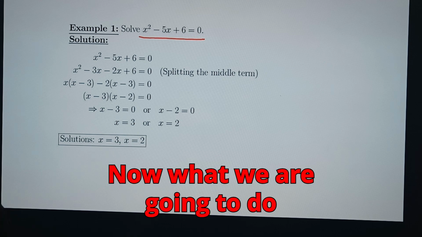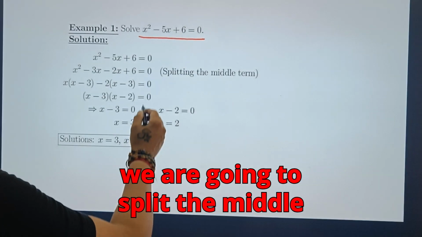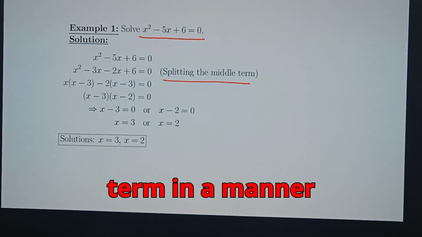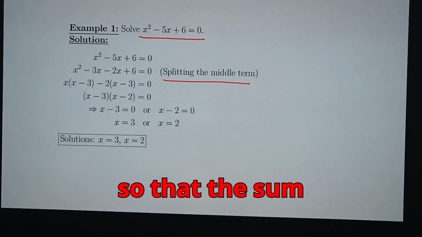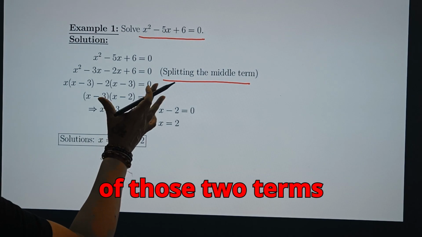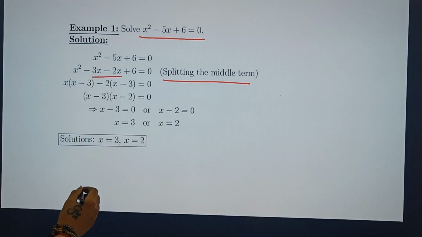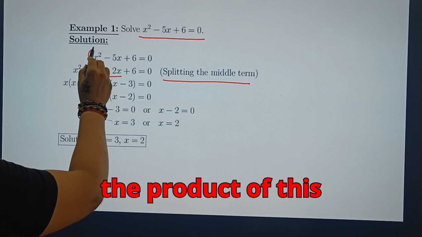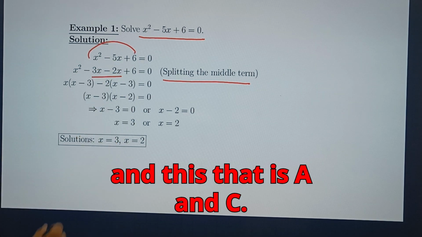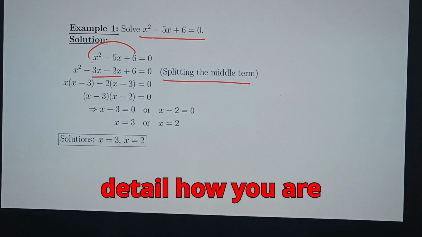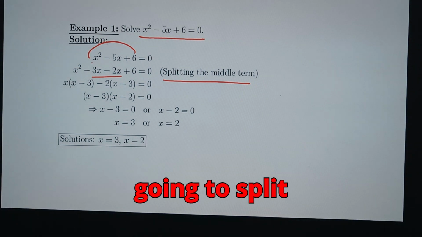Now what we are going to do is split the middle term in a manner so that the sum of those two terms will be equal to the product of a and c. So let's understand in more detail how you are going to split.